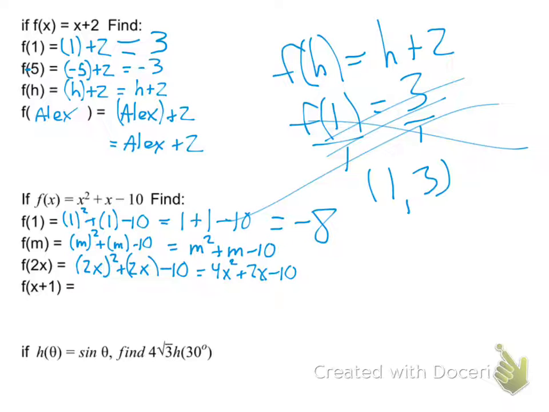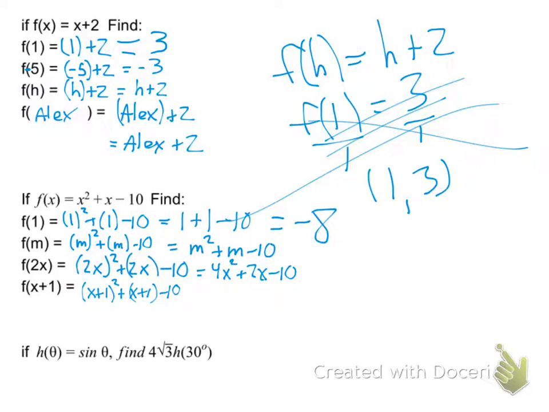Okay? Now, we do that because when we get to a problem like this bottom one with the x plus 1, what does it mean to be f of x plus 1? x plus 1 squared plus the quantity x plus 1 minus 10. How many people right now want to call that x squared plus 1?